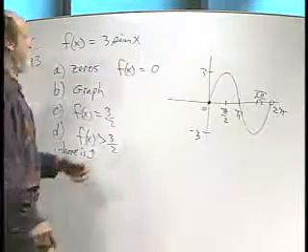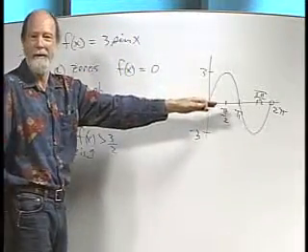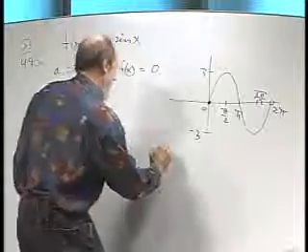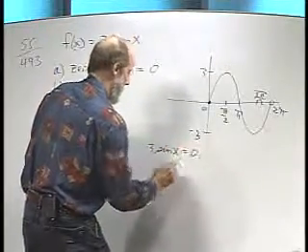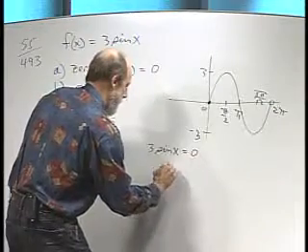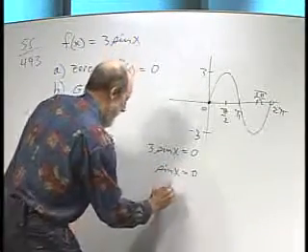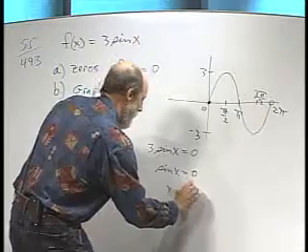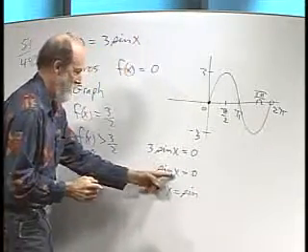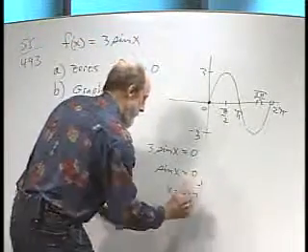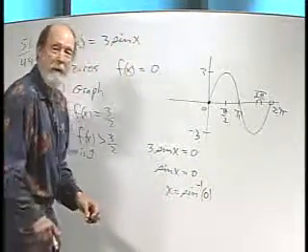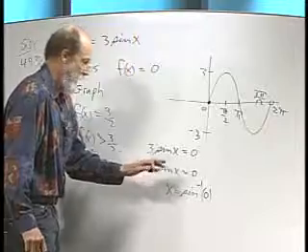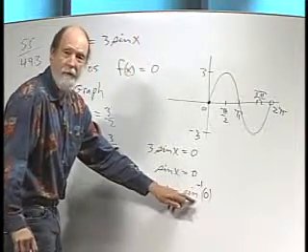Finding the zeros, piece of cake. What you would do is solve this equation: 3 sine x, the output value, equaling 0. You isolate this: sine x equals 0. You ask the question, what's the angle in here that happens to have a sine reading of 0? Now, this you know is a function.